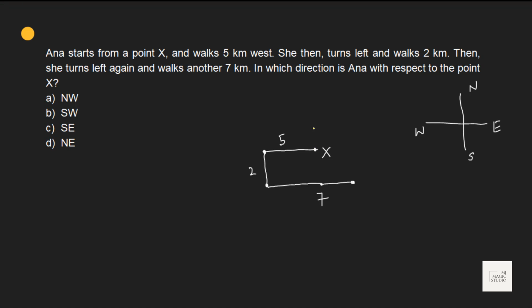So with respect to point X, if we draw our main directions, the final point is towards our cardinal direction, that is southeast. Option C fits in.